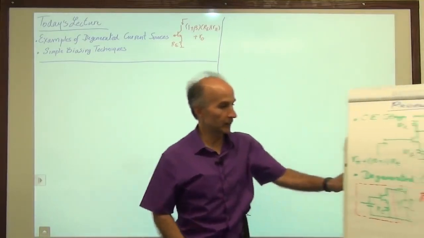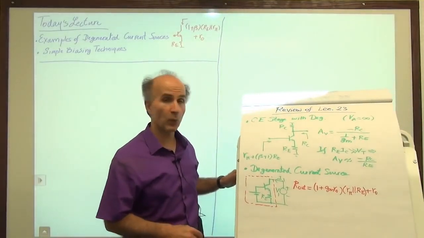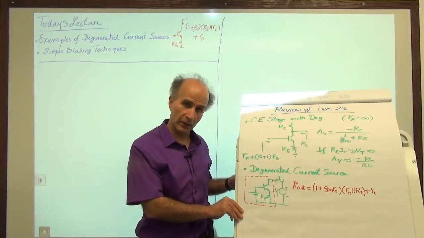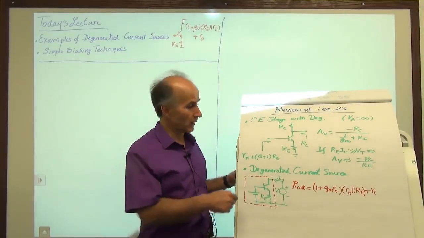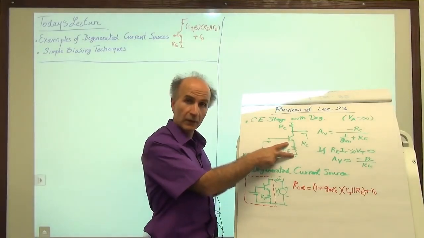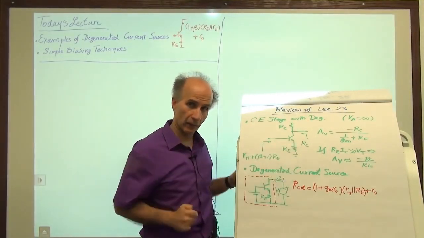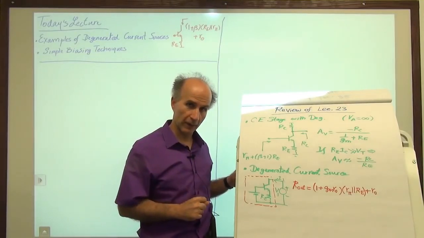First, we said that one flavor of the common emitter stage incorporates emitter degeneration, and that means that we place a resistor from the emitter to AC ground for operation of the device.